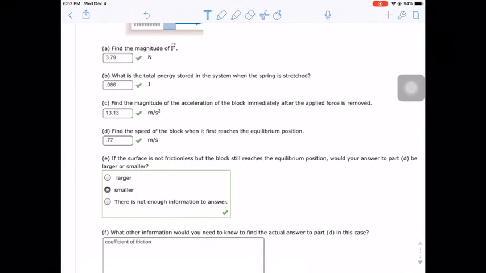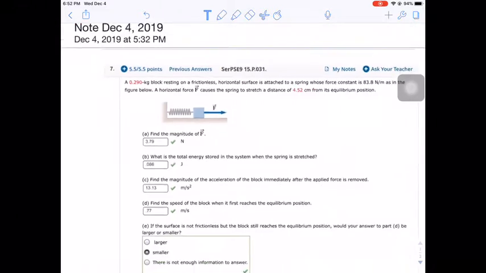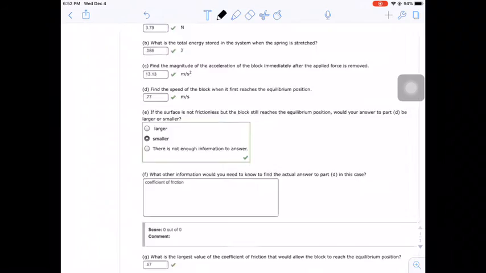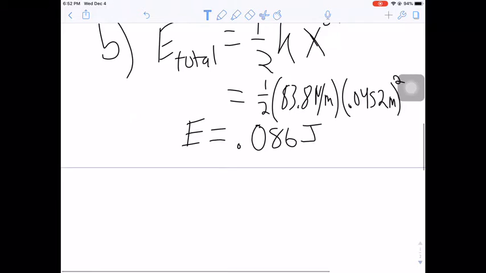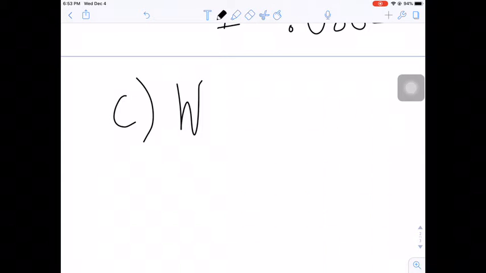Part C asks to find the magnitude of the acceleration of the block immediately after the applied force is removed. So the force stretches it out, and then it lets it go, and it starts to accelerate. We're asked to find that acceleration. First, we can do this using work. Since it's moving, there's energy and work in the system.